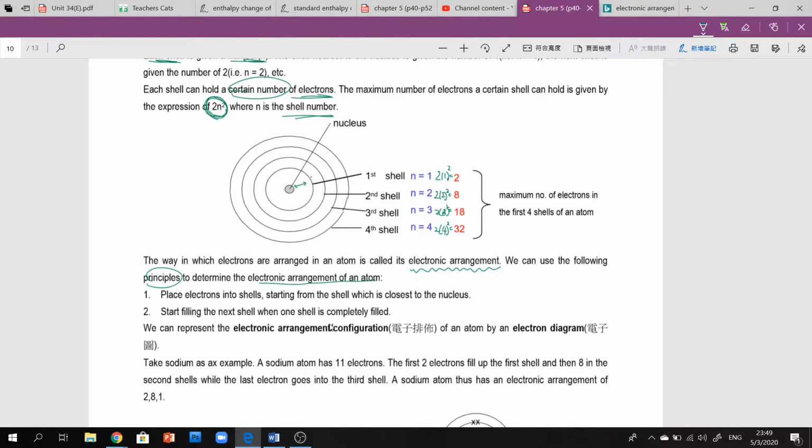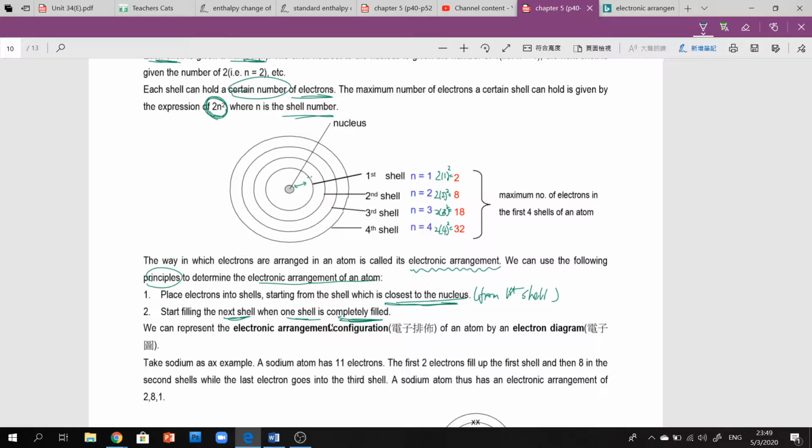First, you fill the electrons into shells starting from the first shell, which is the closest to the nucleus. Second, you start filling the next shell only when the previous shell is completely filled. So from 1, once it is full, go to 2, once full, go to 3. Do you get my point?